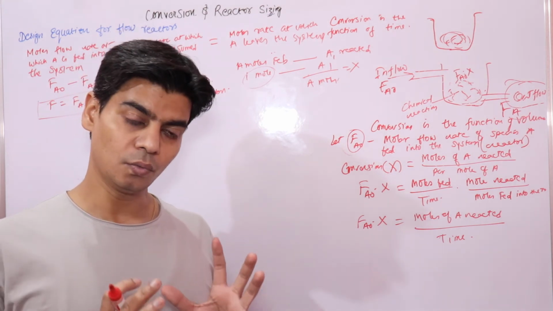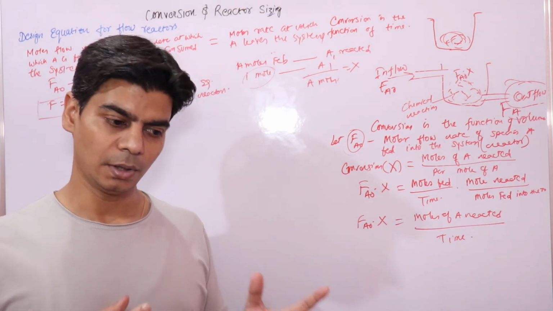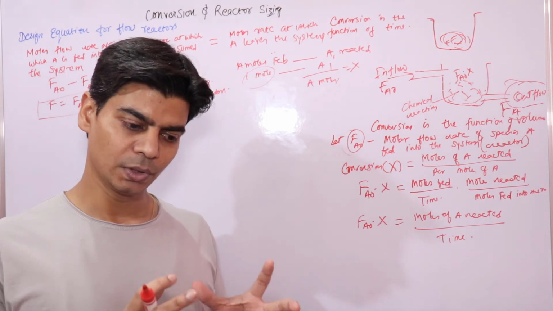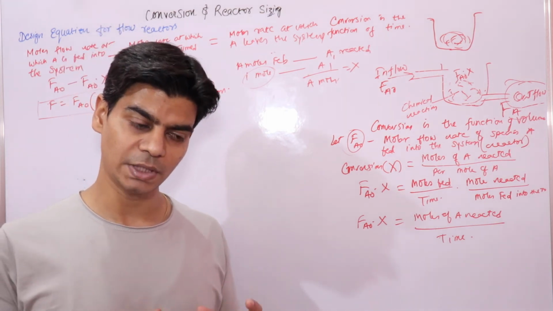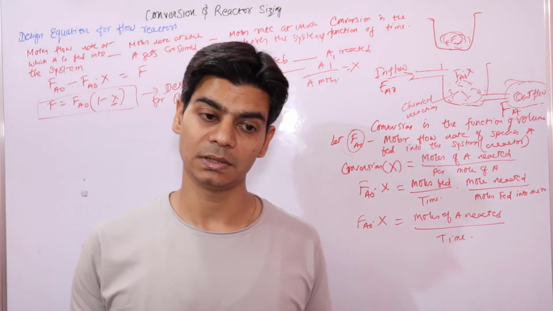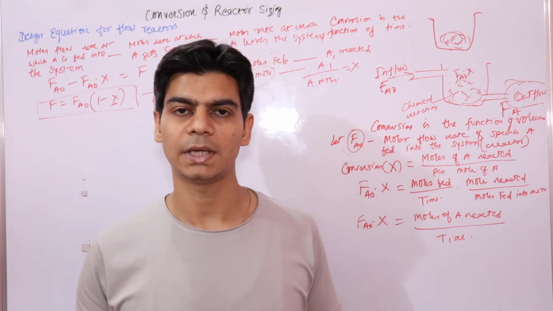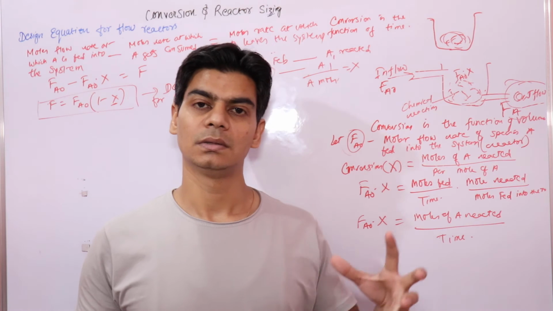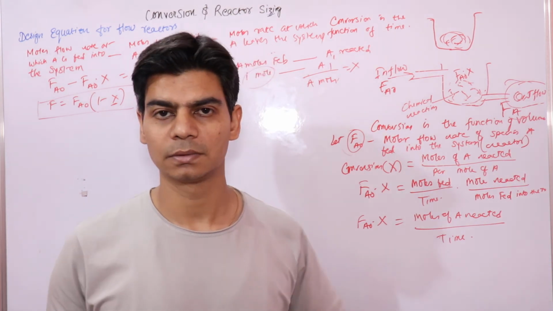So what you get is your design equation, and once you have the design equation, you can find the volume of the reactor, or what we say is, you can size the reactor. By sizing the reactor, we mean we can find the volume of the reactor required for the specified amount of reactants to get converted into products.